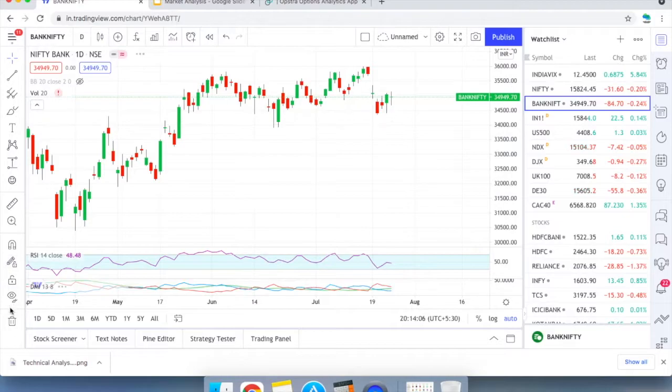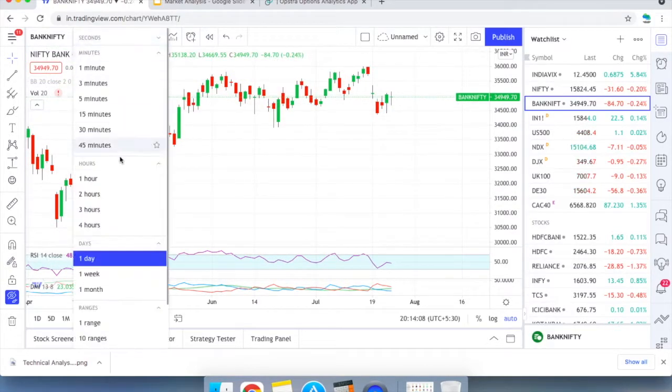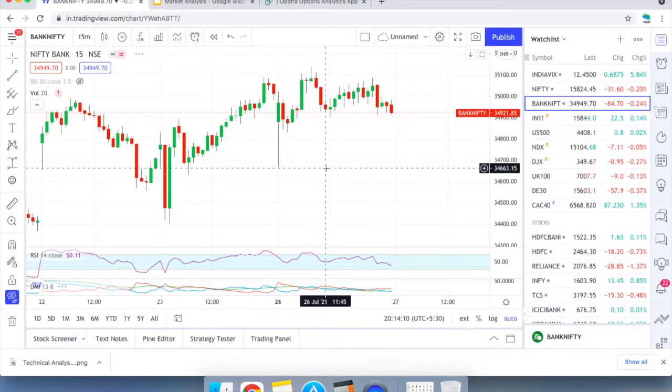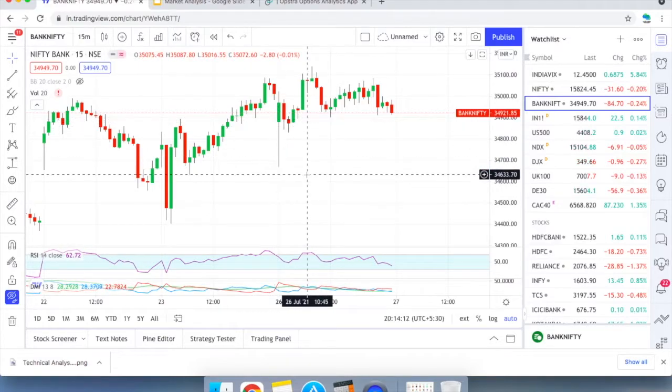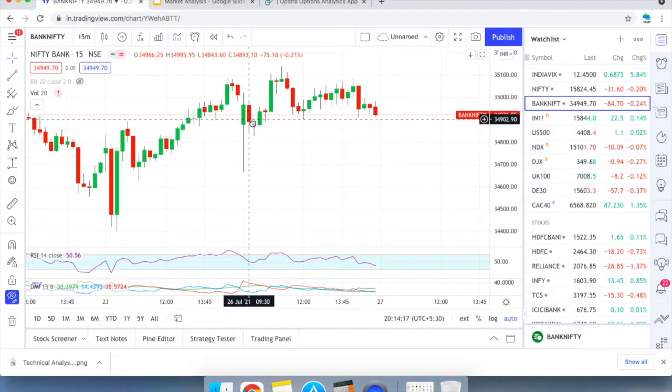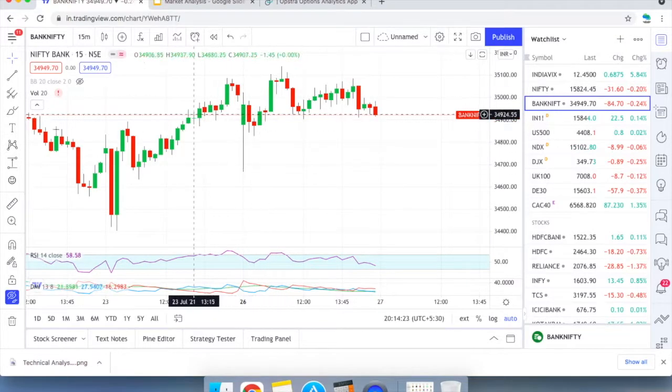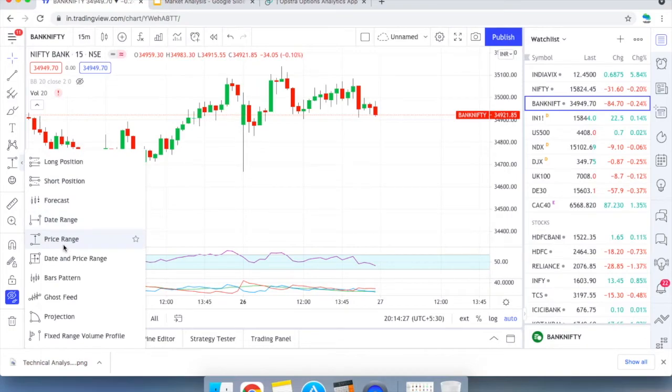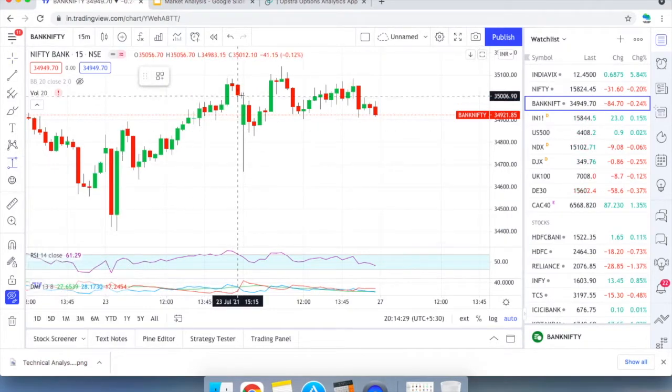So let's see the price action in Bank Nifty. Let's get the 15 minutes, and it's more or less the same. It did not do a false breakout. It dipped a bit, and then it did recover the fall.